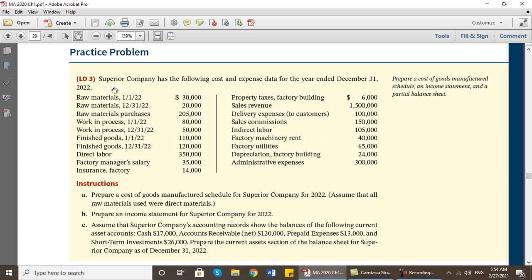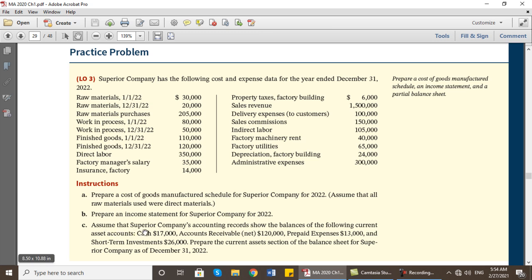The company has the following cost and expense data for the year ended December 31, 2022. Prepare the cost of goods manufactured schedule for the company, assuming that all raw materials were direct materials. Prepare an income statement for the company for 2022.